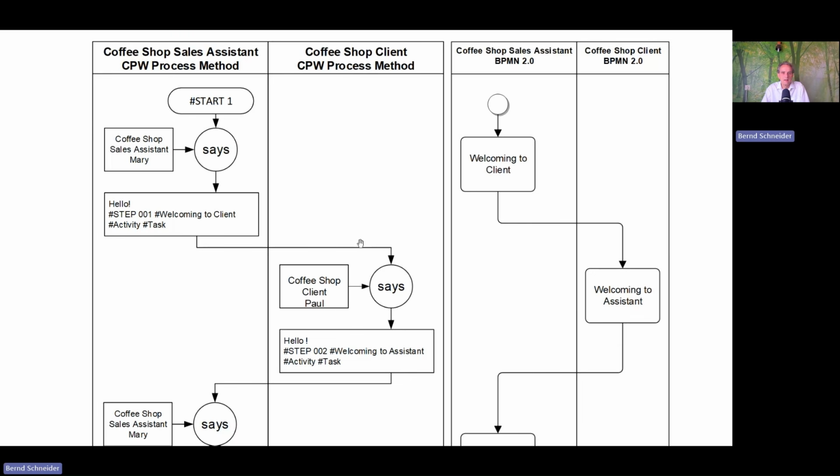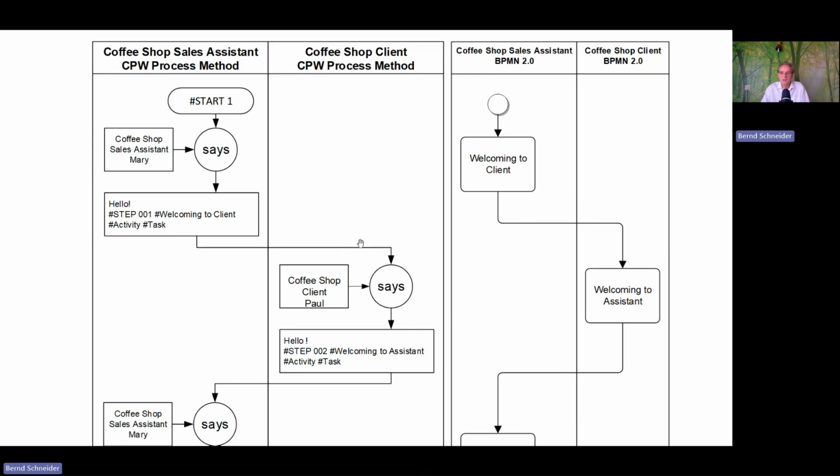We start in the left column with the first CPW process step, where the CPW process step is represented as a simple sentence with a CPW subject, a CPW predicate, and a CPW object. And each of them has an own graphical object.